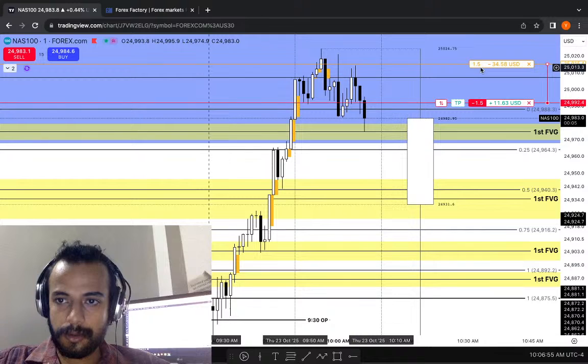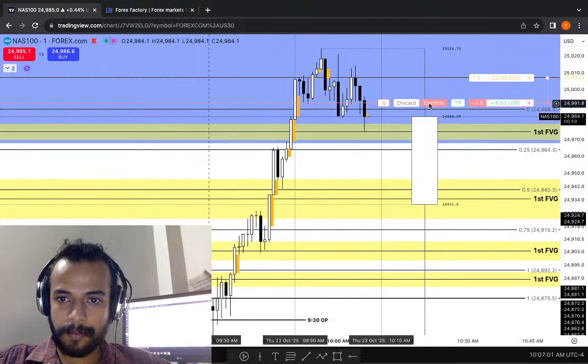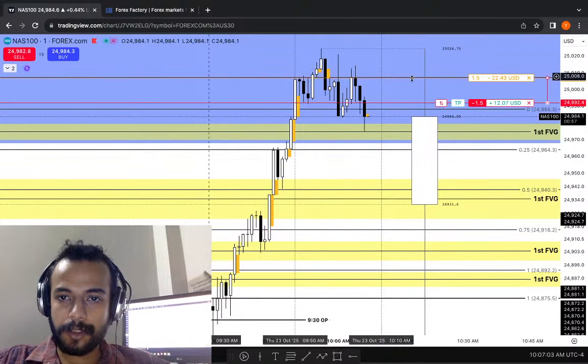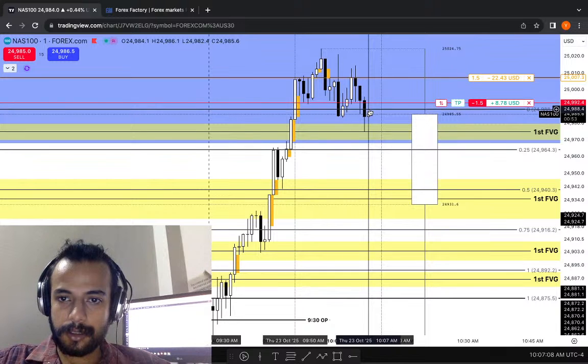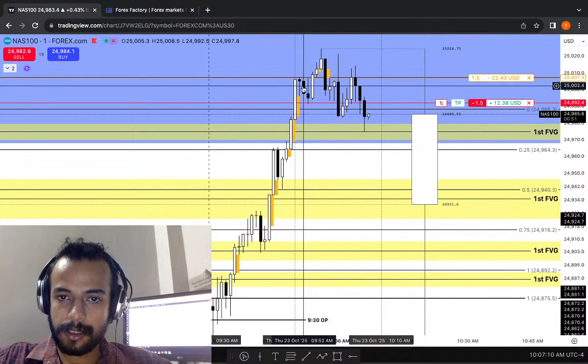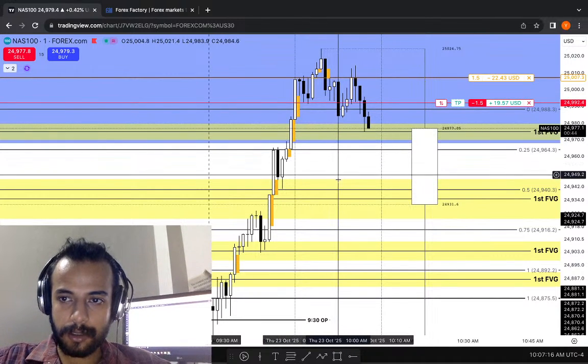Now also I'm trying to reduce my stop loss. I don't want price to go right there. It should just stay below this gap. This should act as the inversion and it should send it lower.